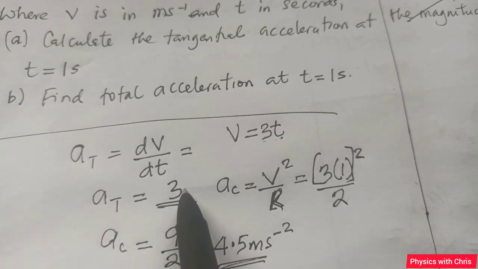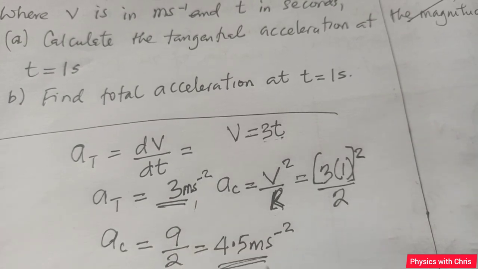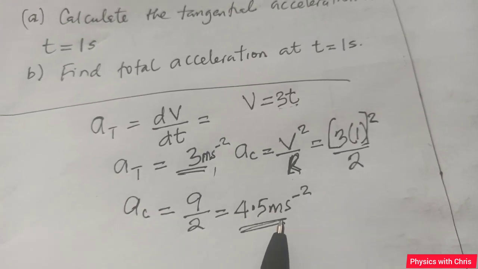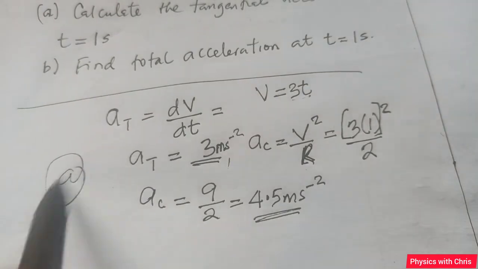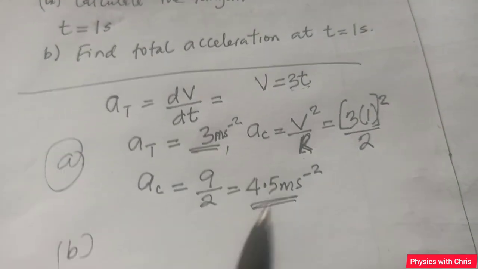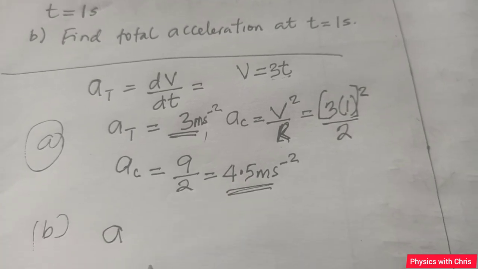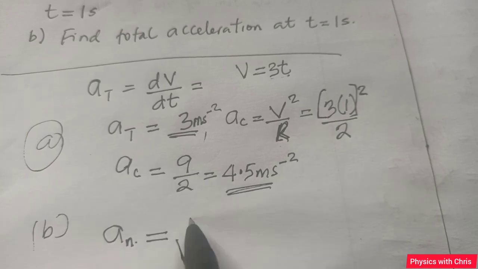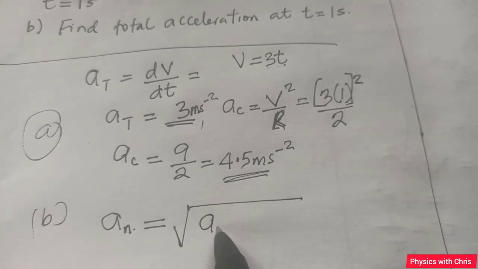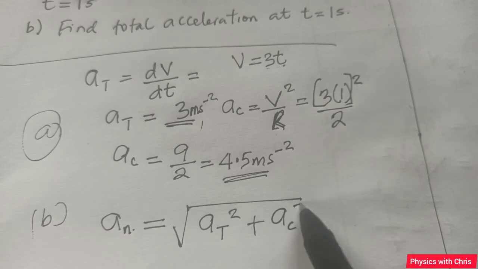So I have both my tangential acceleration and my centripetal acceleration. We can use these to find the total acceleration, which we also call the net acceleration. In terms of magnitude, the total acceleration is given by the square root of the tangential acceleration squared plus the centripetal acceleration squared.